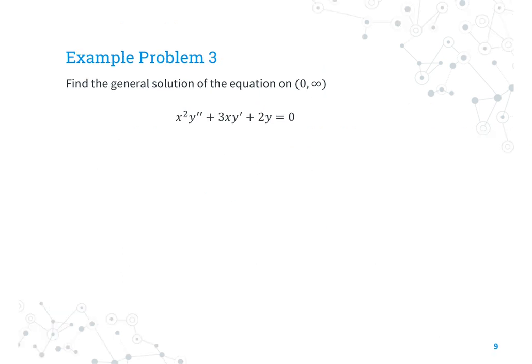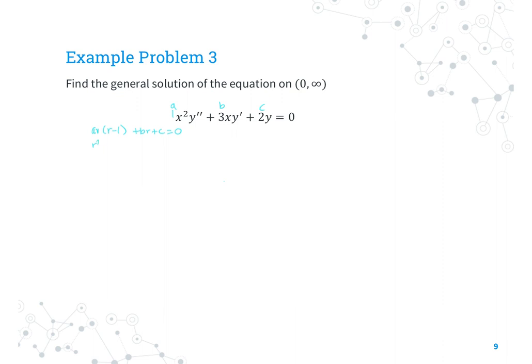For our third and final example of the different types of Euler equations we can have based on the indicial roots, we have another one where we're going to have complex roots to the indicial equation. So remember, we have AR times R minus 1 plus BR plus C equals 0. In this case, A is 1, B is 3, and C is 2.